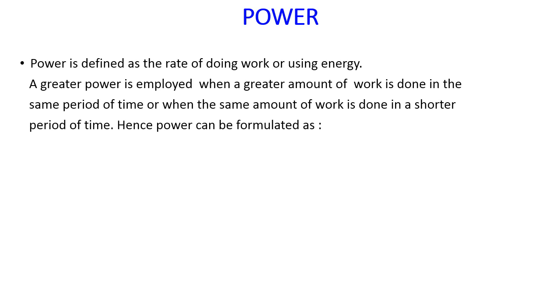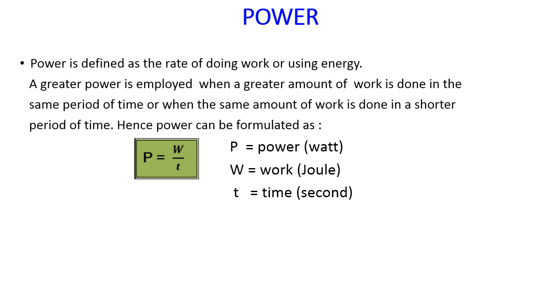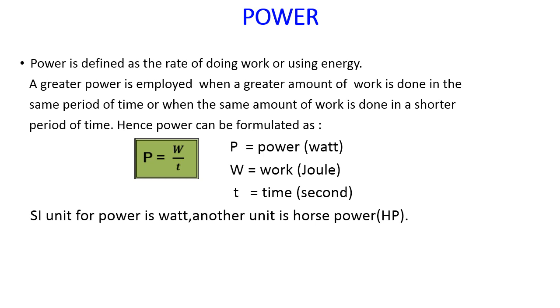Hence, power can be formulated as P equals W over T, where P represents power, the unit is watt, W is work, the unit is joule, and T represents time, the unit is second. SI unit for power is watt.